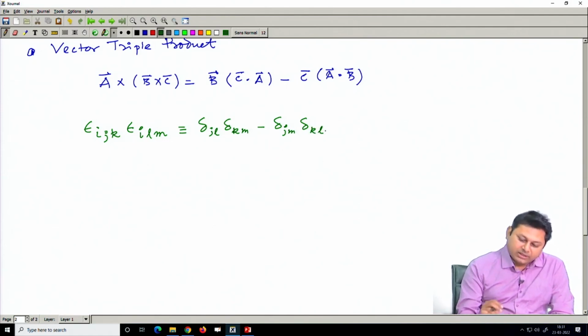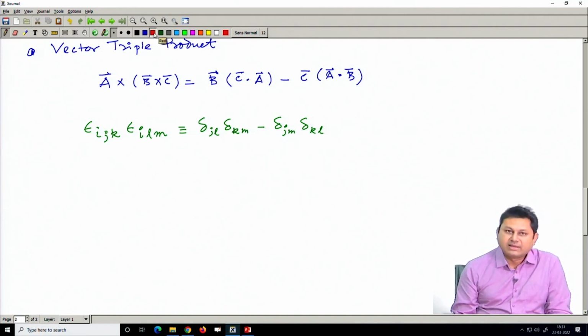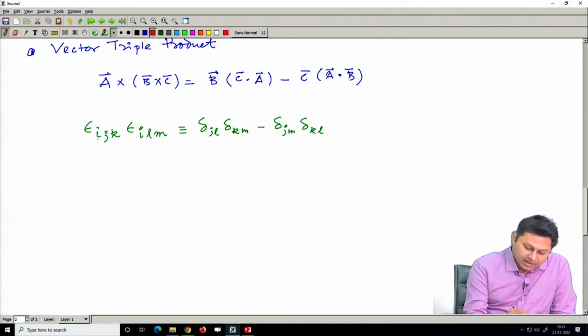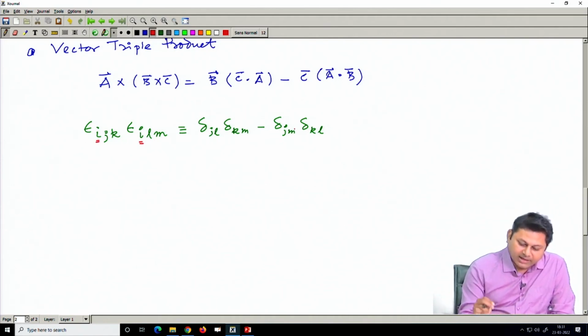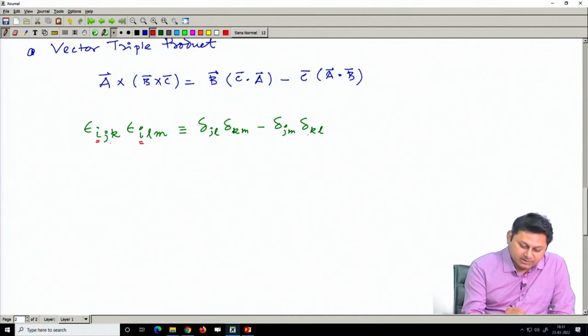So, you need to be careful enough here, but there is a simple way to remember it, the way I remember it. This is i here, i here. So, on the right hand side there should not be any i. When i is sitting in the front, on the right hand side you should not have any i, because I am dealing with the ith component here. Then jk is sitting here and lm is sitting here.